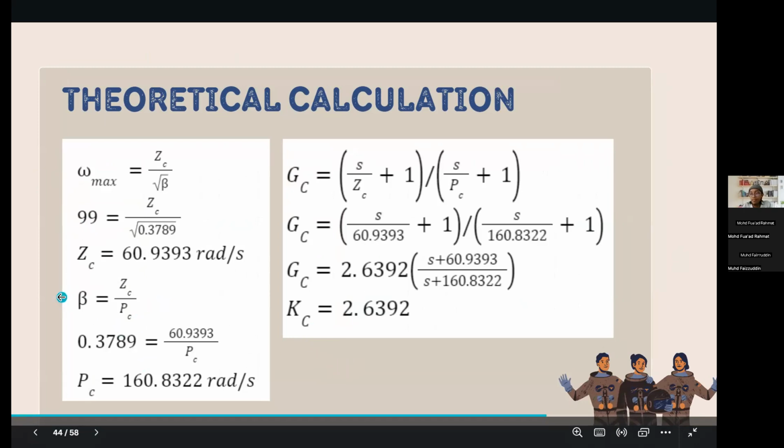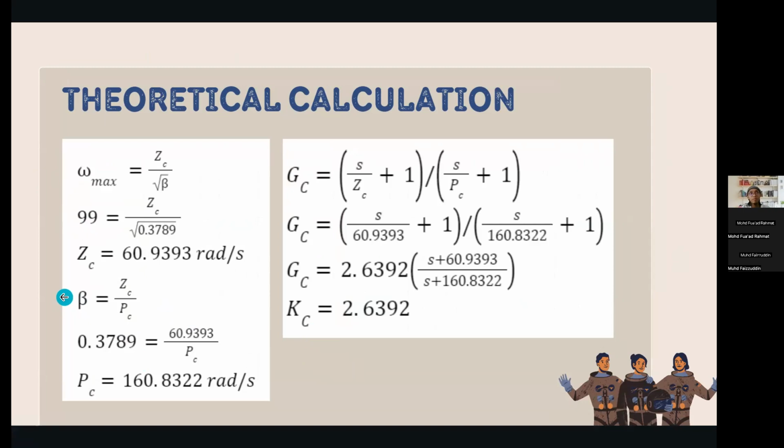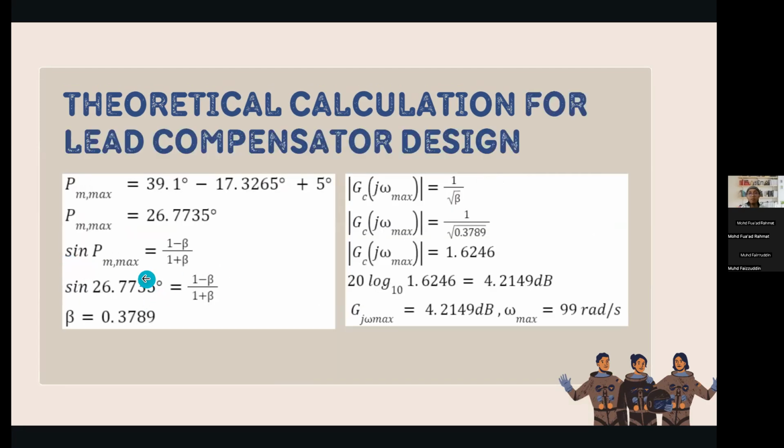What is the gain of the lag compensator? KC, which is 2.6392, Doctor. Oh, that is the lead compensator. What is the gain value of the lag compensator? 1.6246.